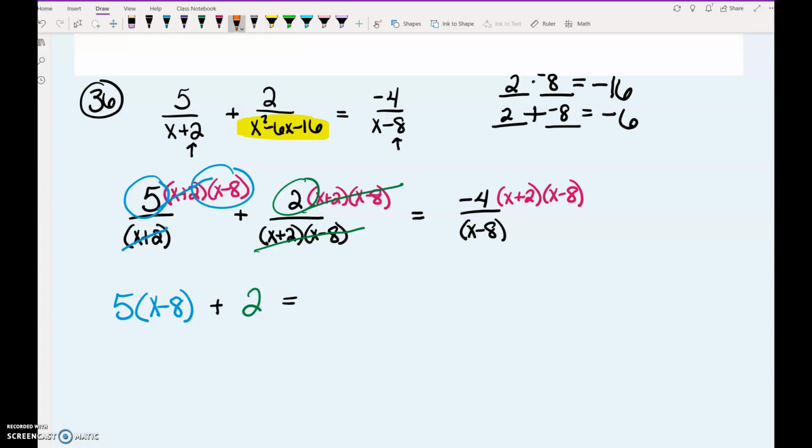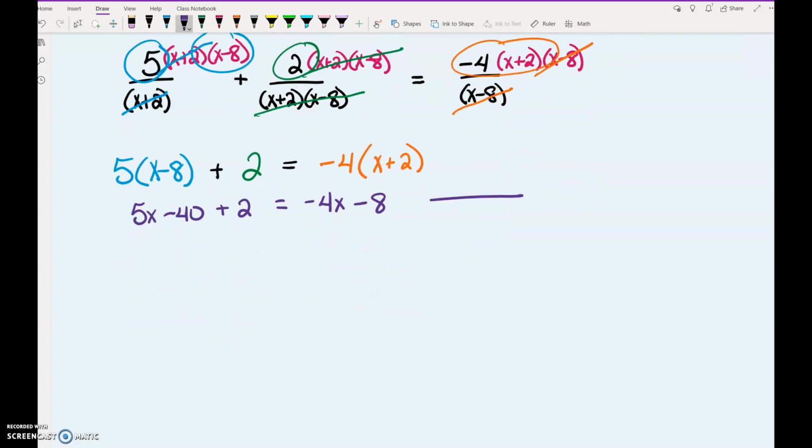And in the next fraction, x minus 8 cancels, leaving you with negative 4 times the quantity x plus 2. What do you think we need to do next? Distribute. So we've got 5x minus 40 plus 2 equals negative 4x minus 8.